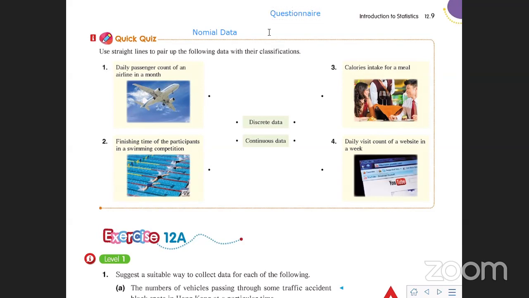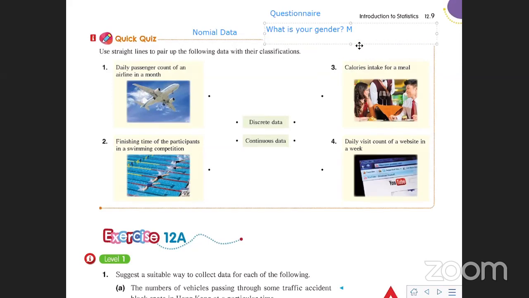Sometimes you may ask, what is your gender? Then your answer is usually something like that, right? Maybe you are a boy, then you answer M, male. Male is not a number, but it is a kind of data.